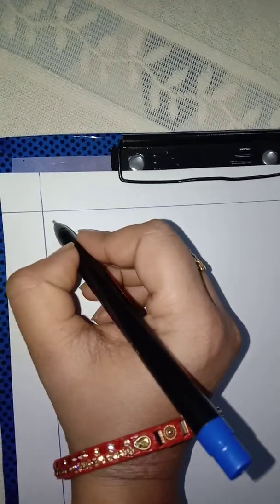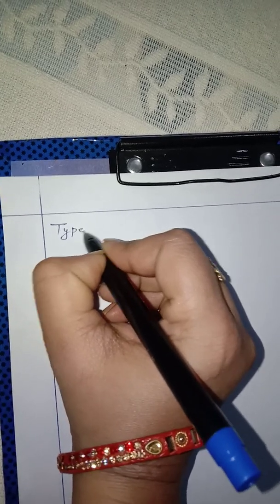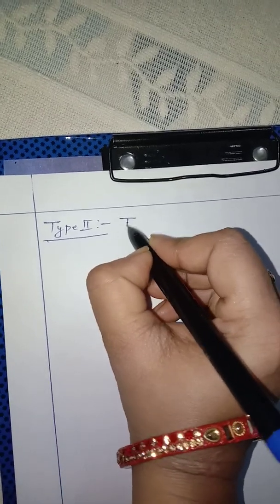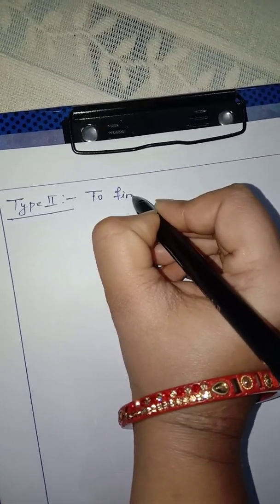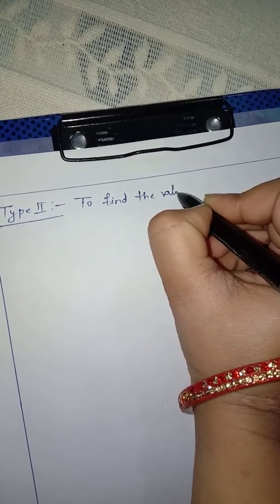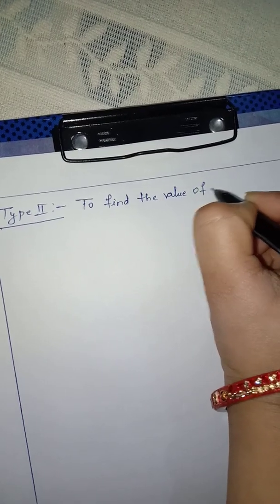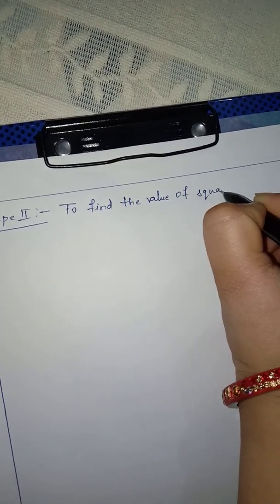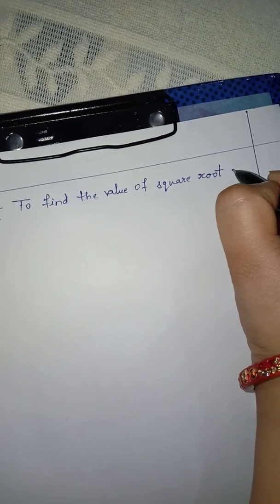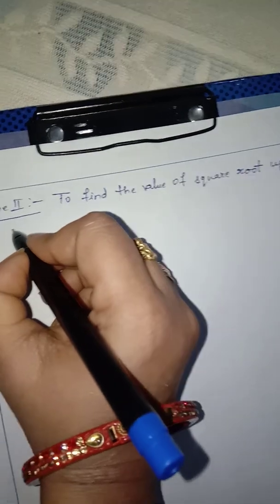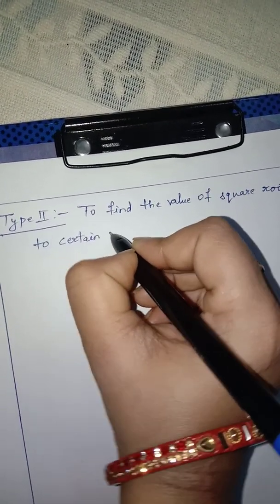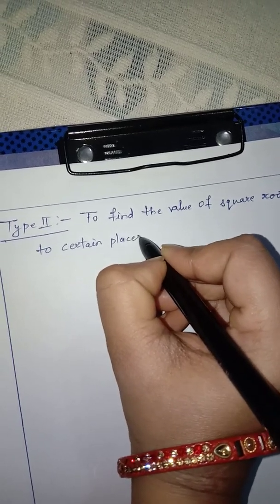Now type 2. To find the value of a square root up to certain places of decimal.